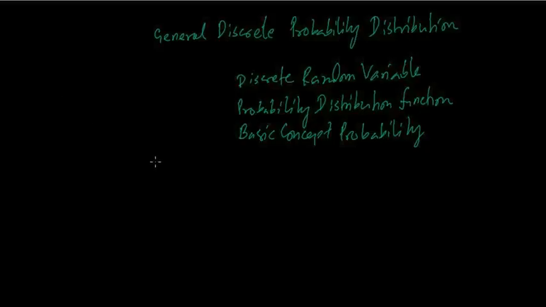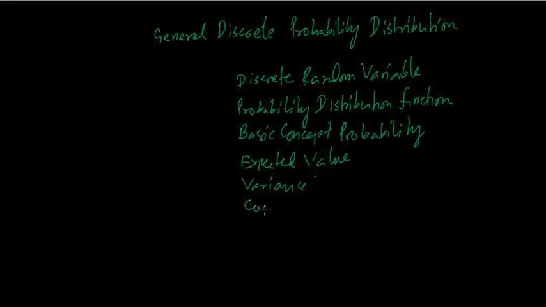Then you have to find the expected value, which is nothing but another fancy name for the mean. You have to find the variance. Variance is what you find before you find the standard deviation, and there is the coding. So that's how it will happen. When you get a question regarding general discrete probability distribution, the structure will always be like that.